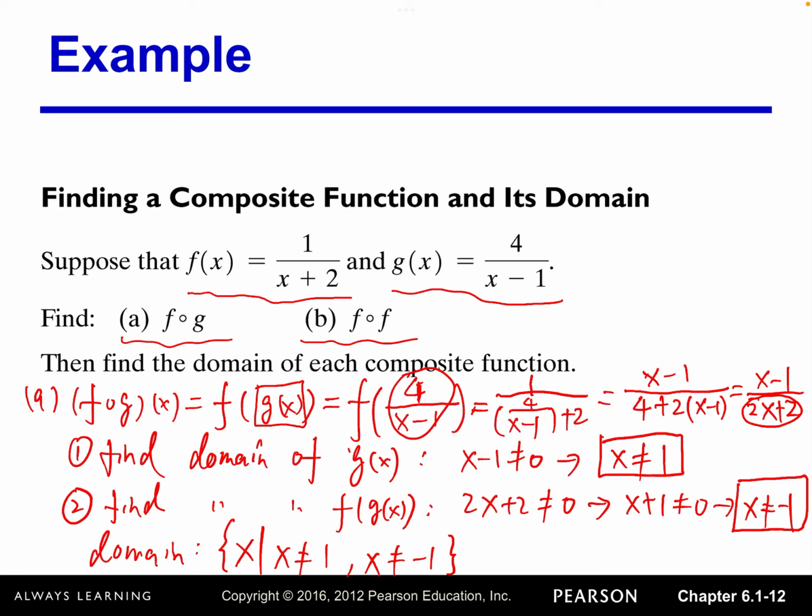And in order for the composite function to be defined, we restrict x cannot equal -1. So again, this is coming from the inner function, and this is coming from the composite function, which is the outer function. So that's how to find the domain for f composed with g.